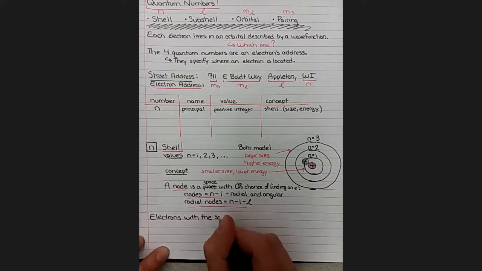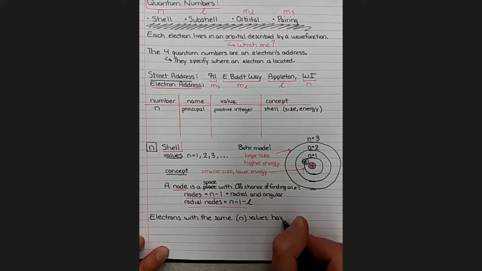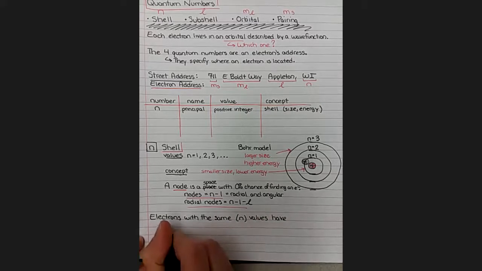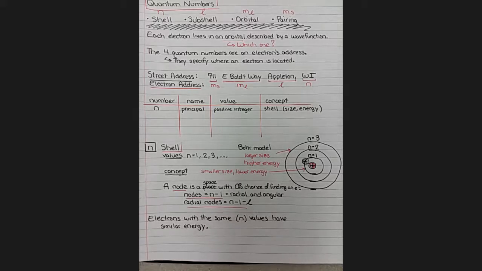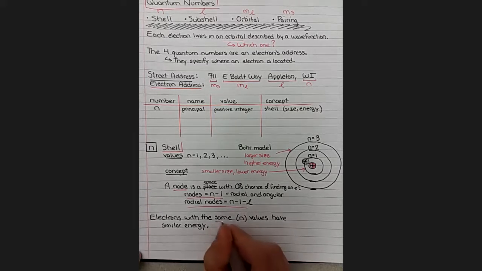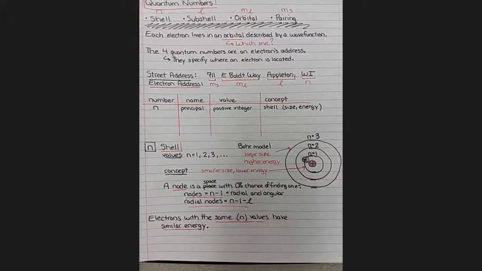Electrons with the same values for n are going to have similar energy. Not exactly the same, but close, relatively the same. So, same n value, similar energy.